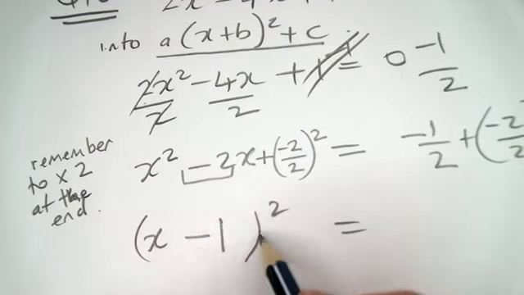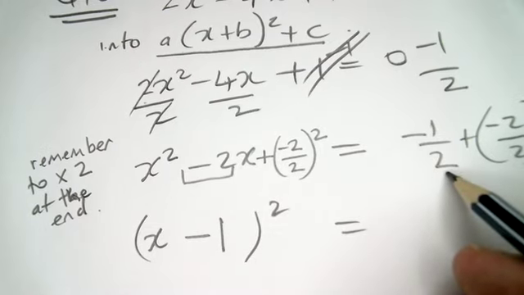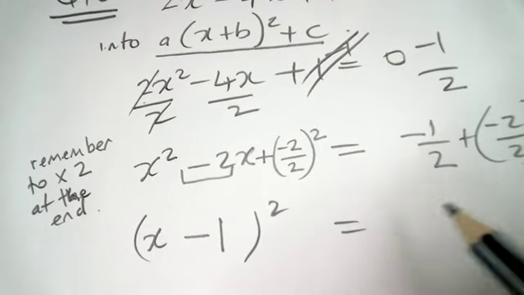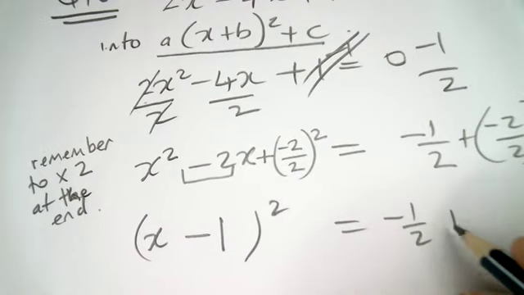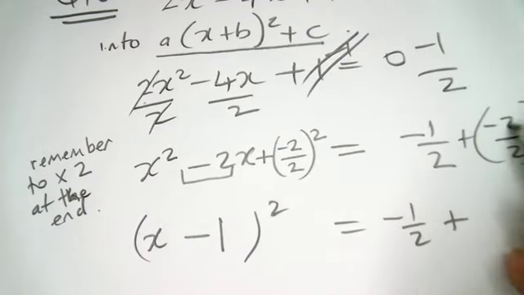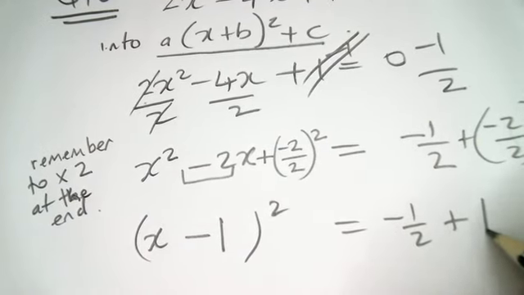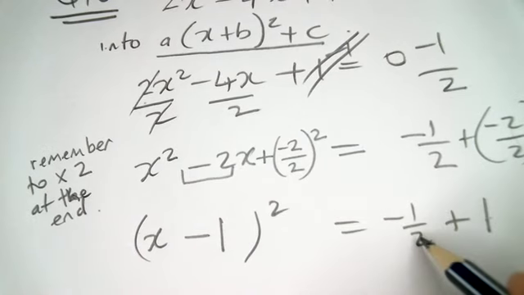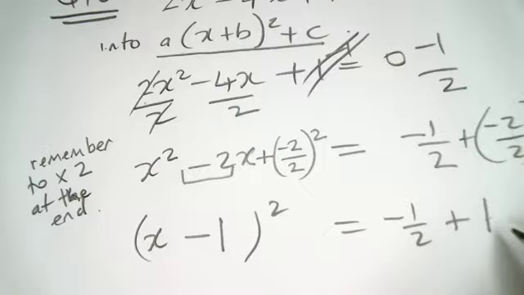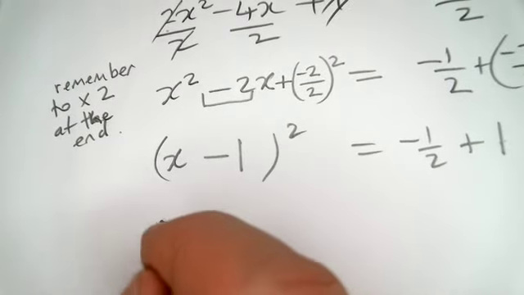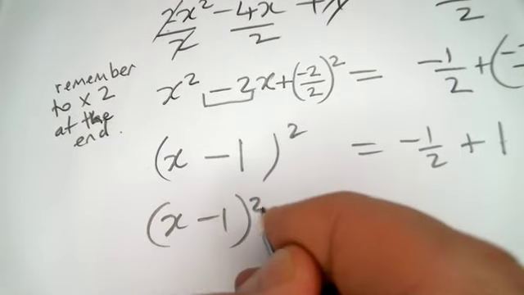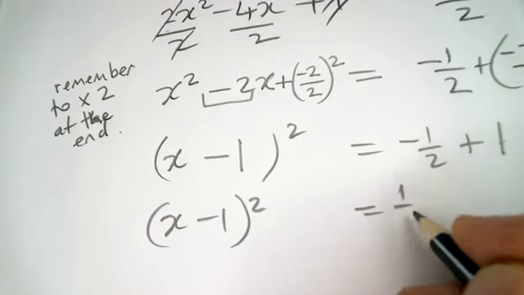That's now our perfect square, and that's equal to −1/2 plus, well, (−1)² is 1. So 1 minus a half is going to be a half. So I've got (x − 1)² is equal to 1/2.